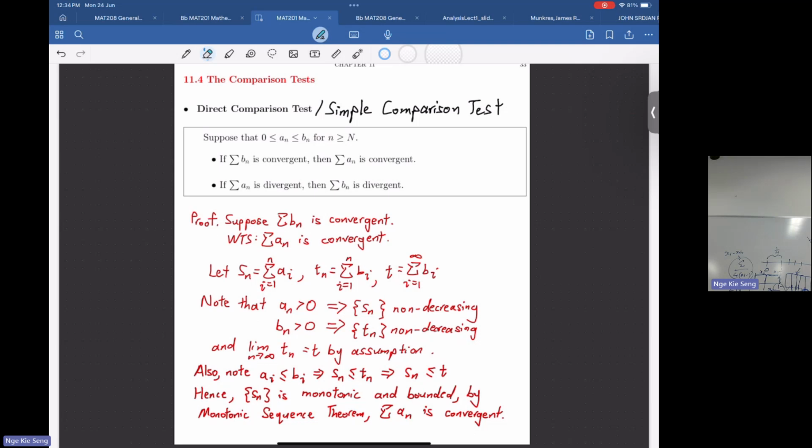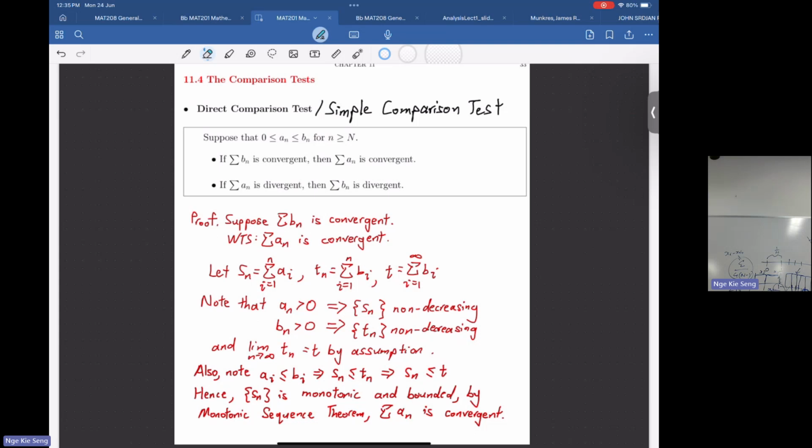So this is how you think about this simple comparison test. But how to prove it? Then you need to use the monotone convergence theorem to prove it. But the idea is like this. This one is A4, B4. It is good to think about it this way because later we'll see integral tests.